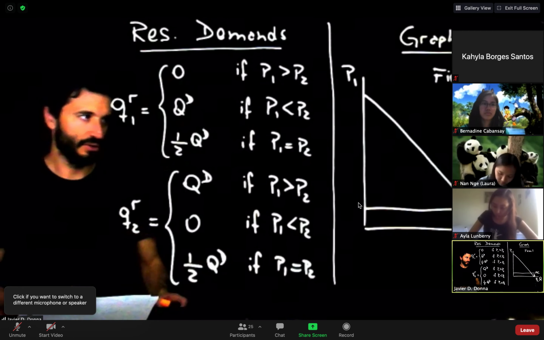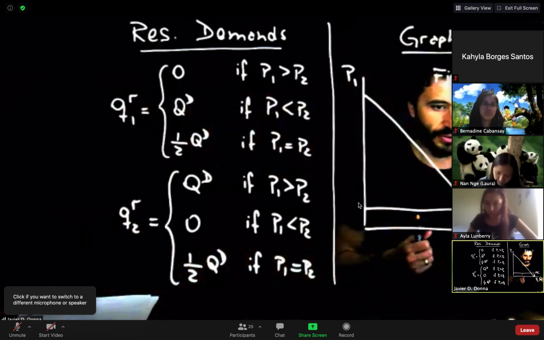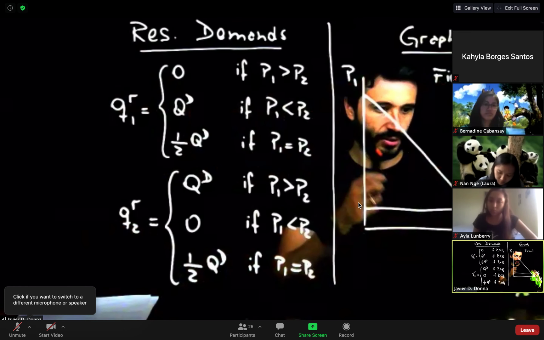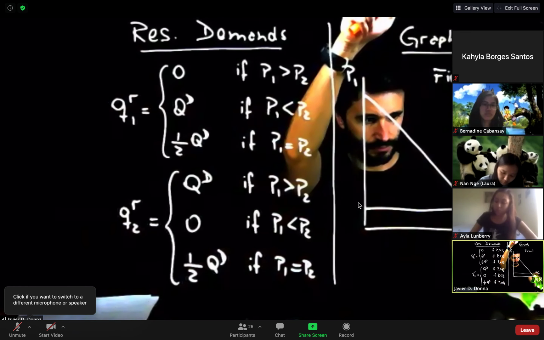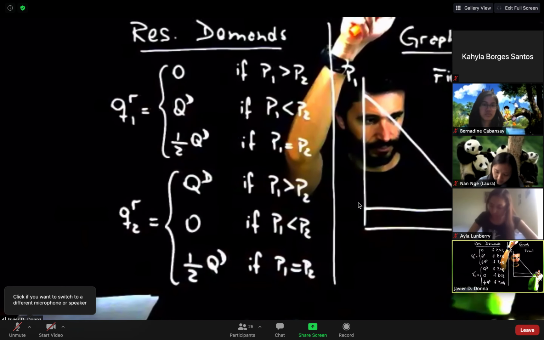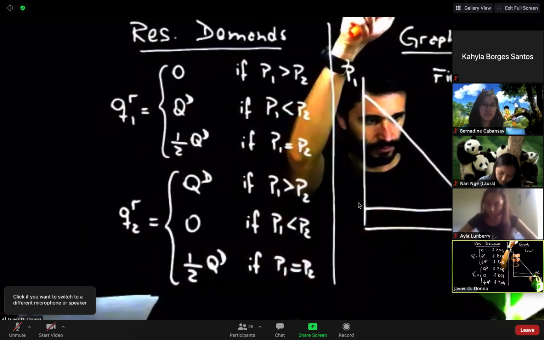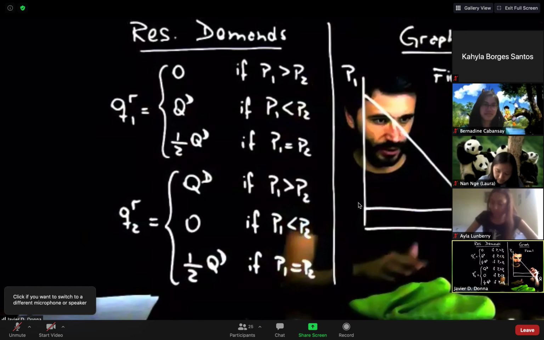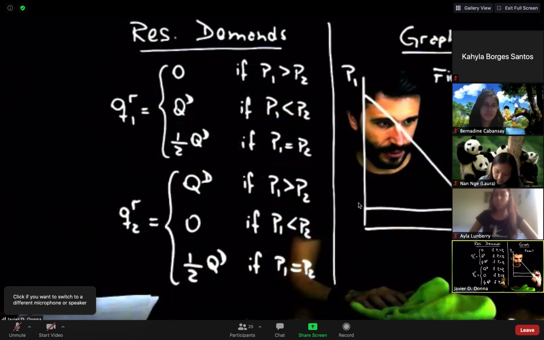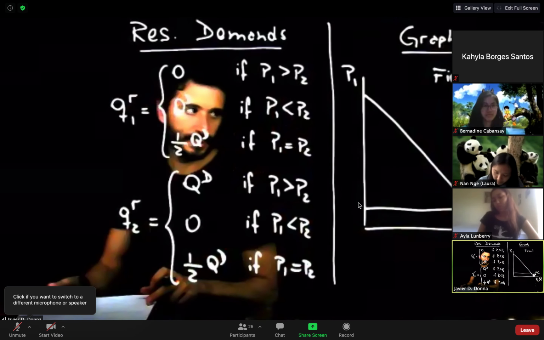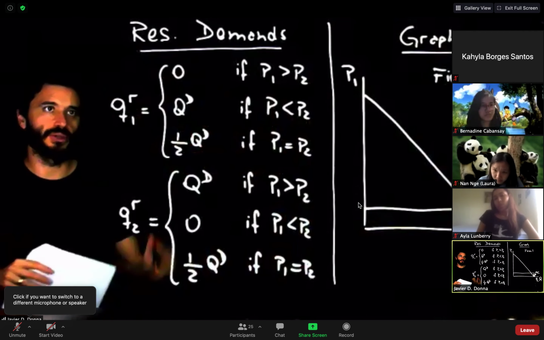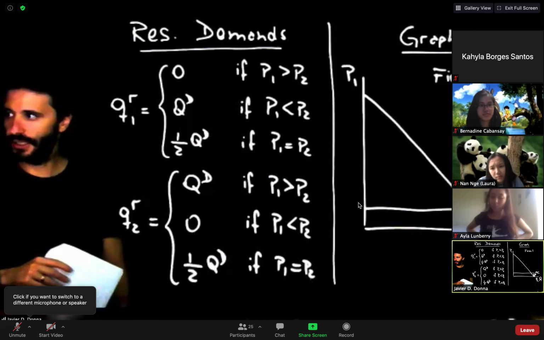To be consistent, we call the demand function capital Q superscript D. This demand function is capital Q super D, the total demand function. So it's the same as we have. Bear with me.